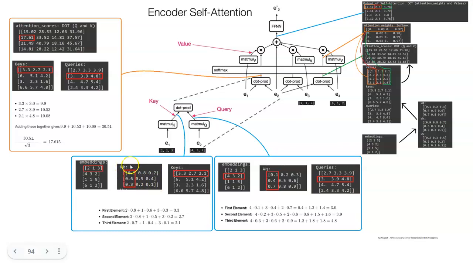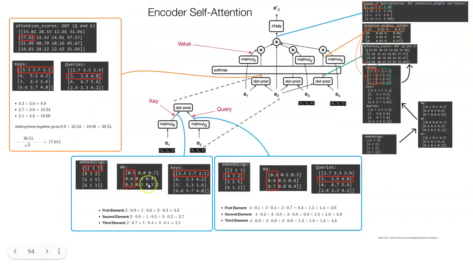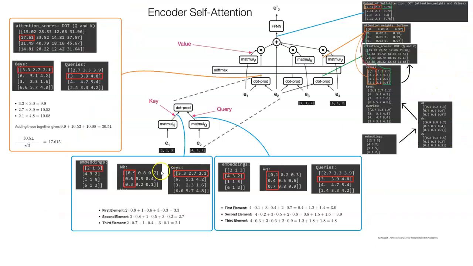This is the key matrix, and we have the query matrix here. You see, they are numbers. Those numbers are going to be trained. This is weight key, weight query.